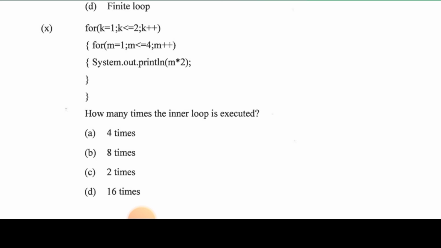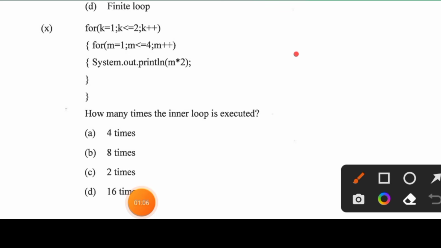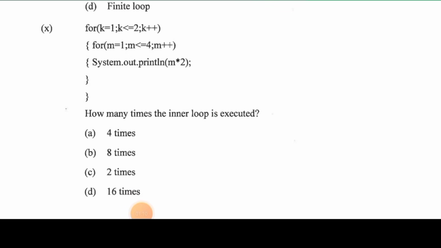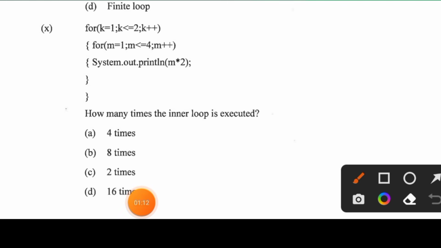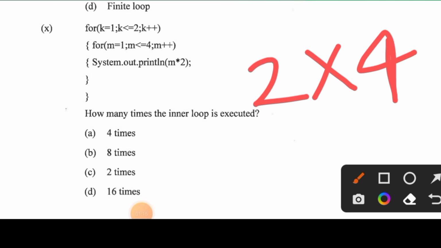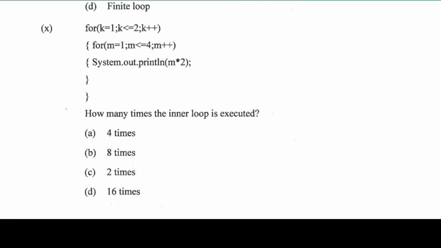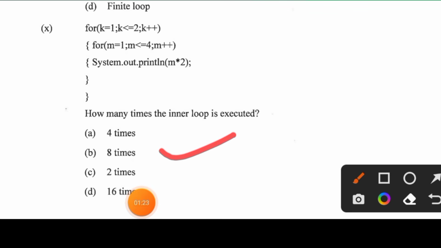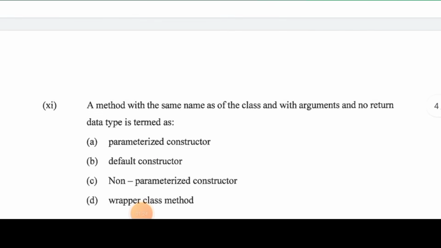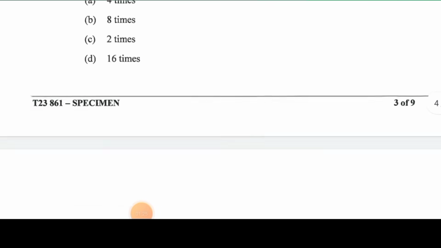And what is the final value? 4. So it will run 4 times, 1 to 4, but our outer loop runs 2 times, so the inner loop will run 2 into 4, that is 8 times. According to that, option B is correct.